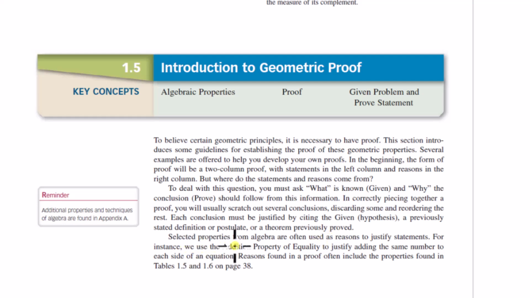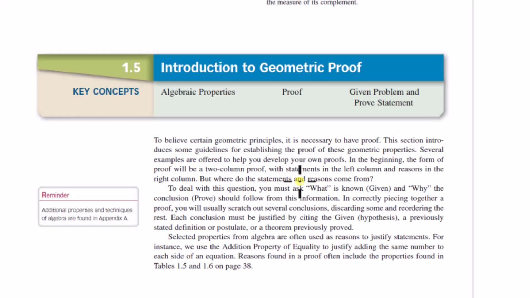Selected properties from algebra are often used as reasons to justify statements. For instance, we must use the addition property of equality to justify adding the same number to each side of an equation. Reasons found in a proof often include the properties found in tables 1.5 and 1.6 on the next page. So, okay, let's make sure we understand this.